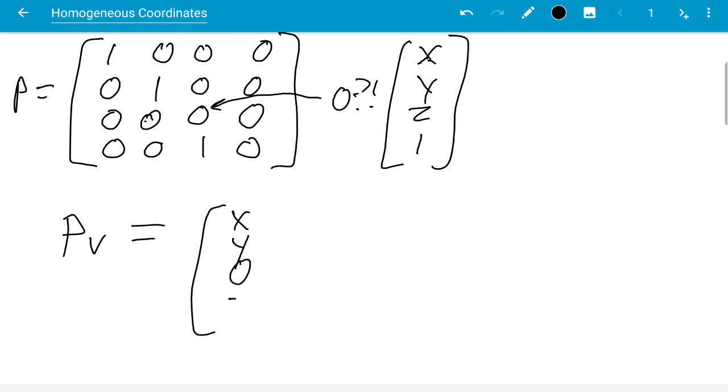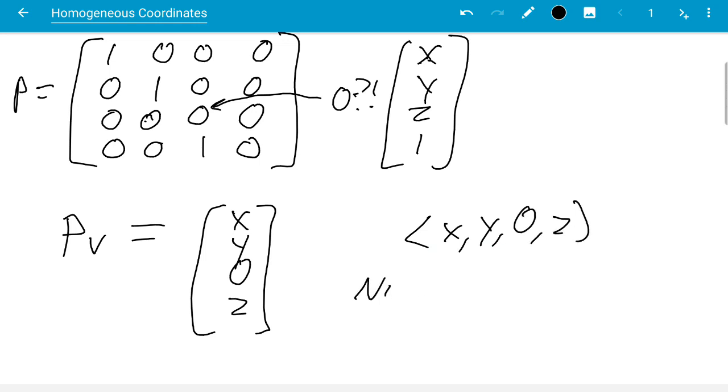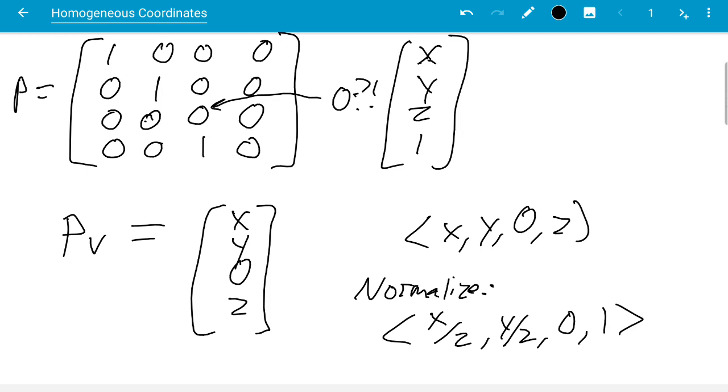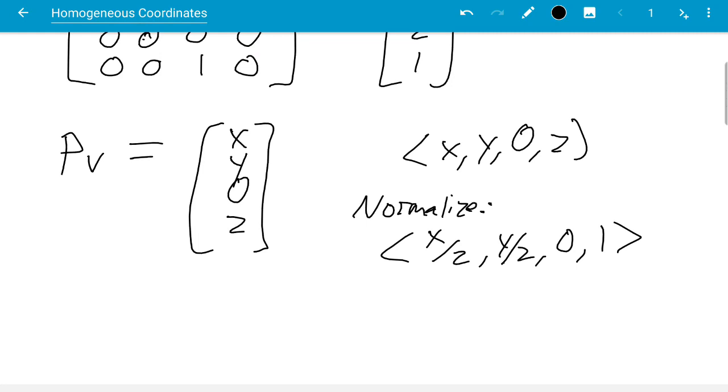And then in the last one, we end up with z. Okay. Alright, so now we've got this vector, x, y, 0, z. Let's normalize it. Using our homogeneous normalization, we want to divide everything by that w coordinate, which is the value z. So x divided by z, y divided by z, 0 still, and then 1. Great. So now it represents a real 3D point we can work with.